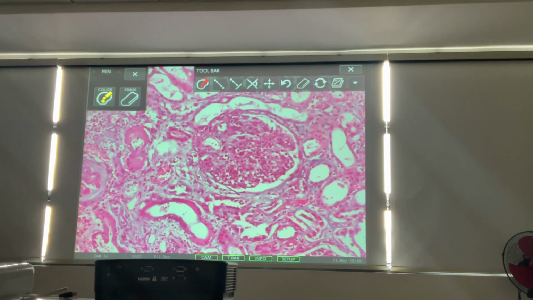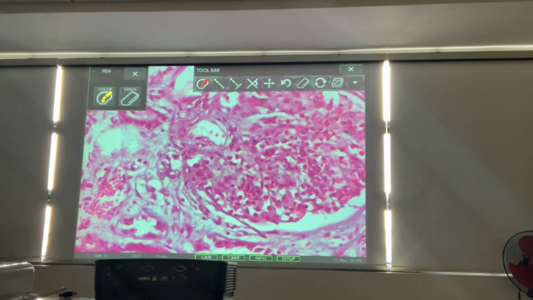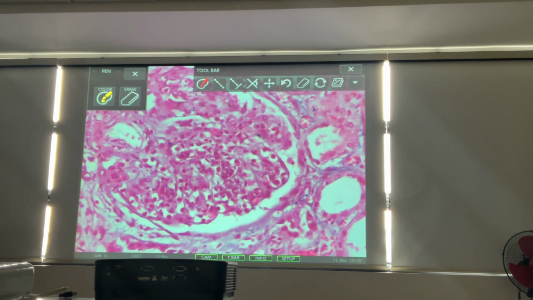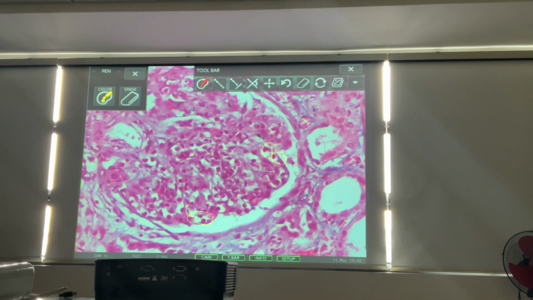And looking at that, you might be tempted to think that there are wire loop lesions. But actually, the basement membranes are very, very thin. The capillary vessels inside are open, and it would give you the notion that they have thickened basement membranes, but actually they don't.